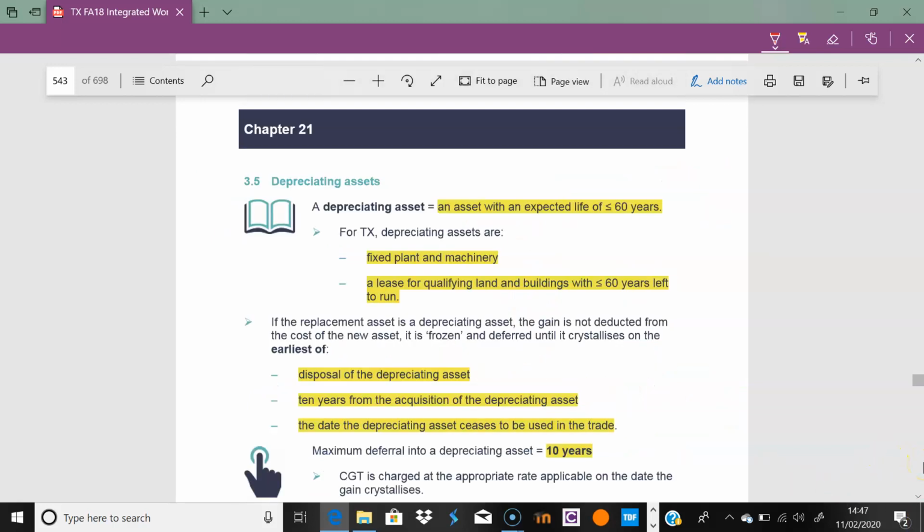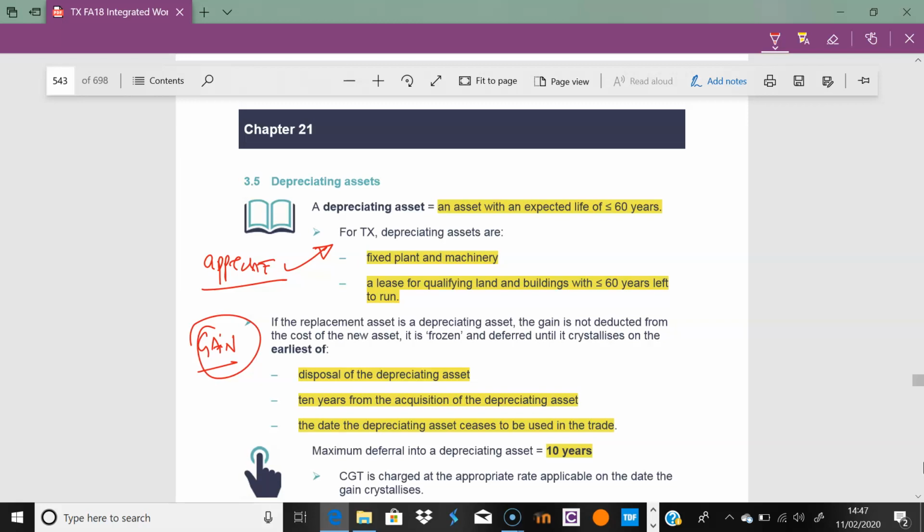Right. Now, this next bit of the video looks at this idea of depreciating assets. Here's a problem. As you can imagine, all the assets we've been talking about appreciate. So we know that in their process of appreciation, they will keep that gain within the body of the asset, and at some point we will truly realize that gain.